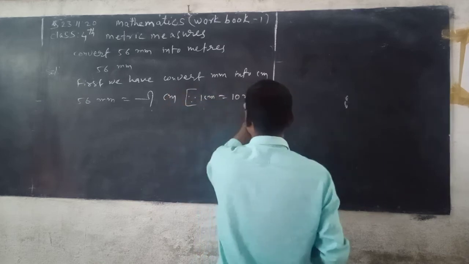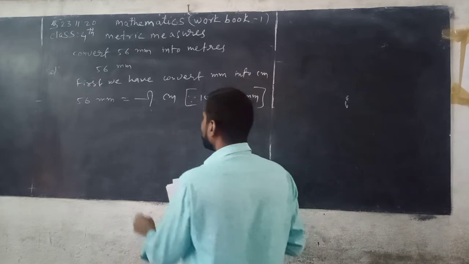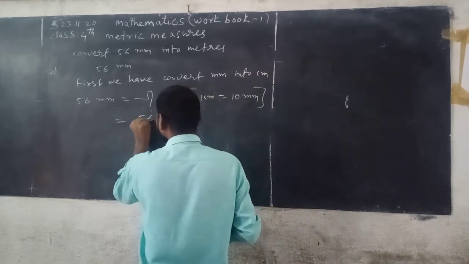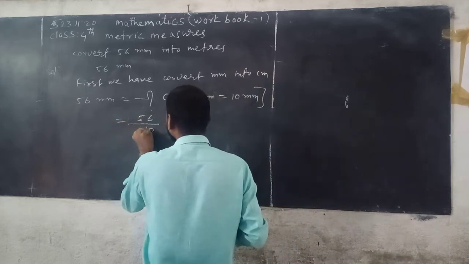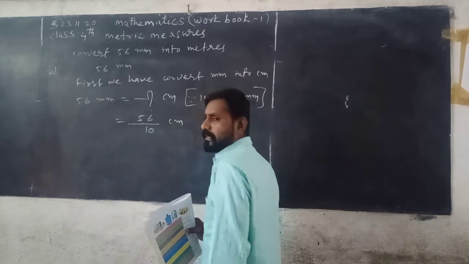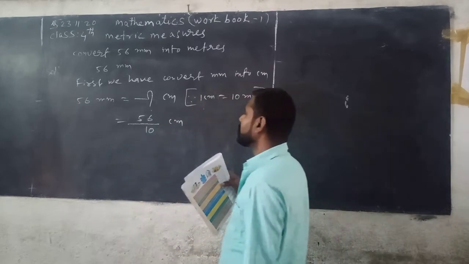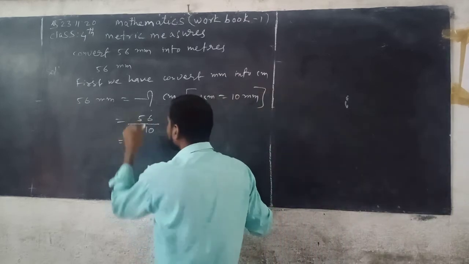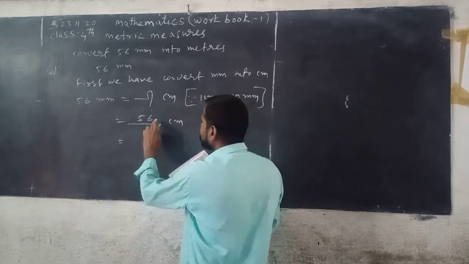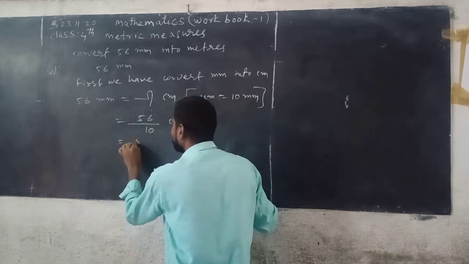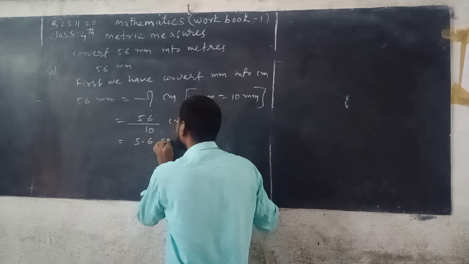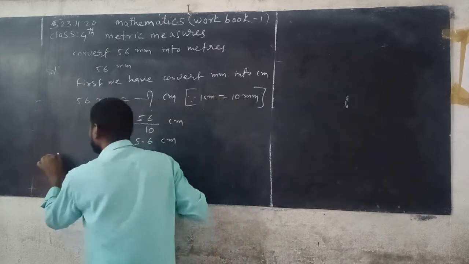Remember it. See now, 56 is divided by 10 centimeters. So you can write 5.6. Any number divided by 10, the point moves to the left side one place. So 5.6 centimeter.